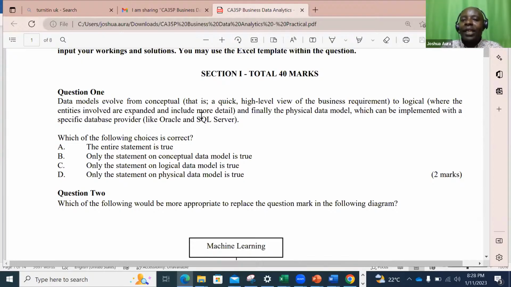And finally, the physical data model, which can be implemented with a specific database provider like Oracle and MySQL Server. Which of the following choices is correct?